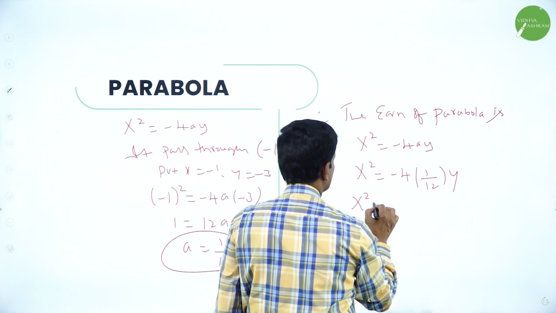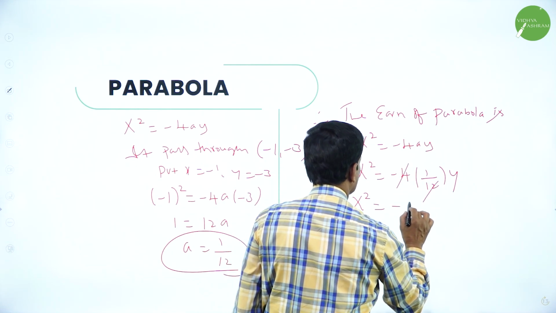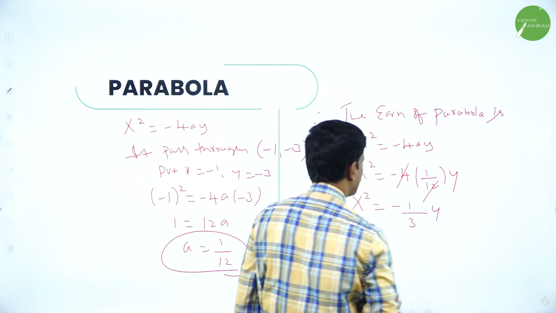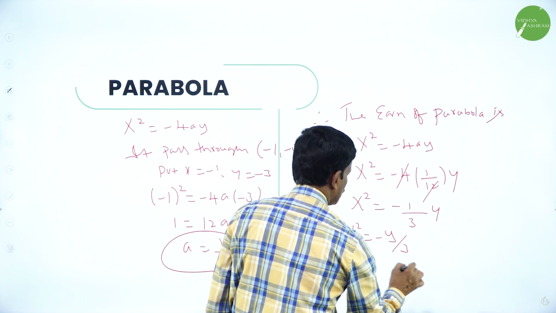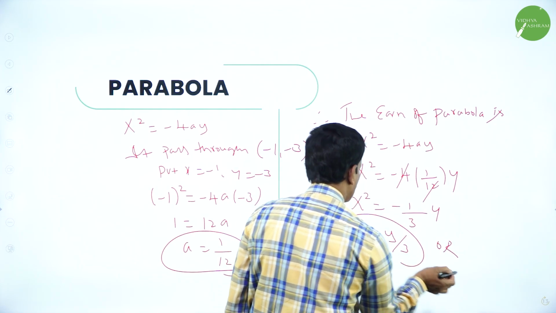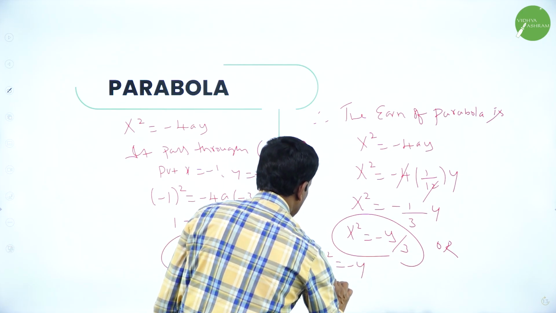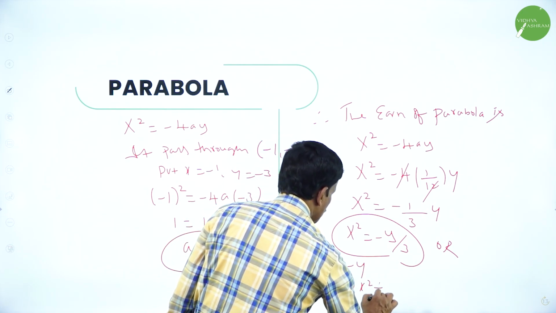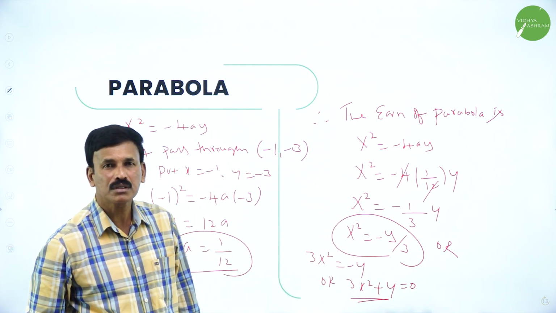So that is x square is equal to minus 4 3s are 12, that is 1 by 3 times y. Or you can write x square is equal to minus y by 3. This is the parabola. Or if you want, you can cross multiply. 3x square is equal to minus y, or 3x square plus y is equal to 0 is the required equation of the parabola. That's it.